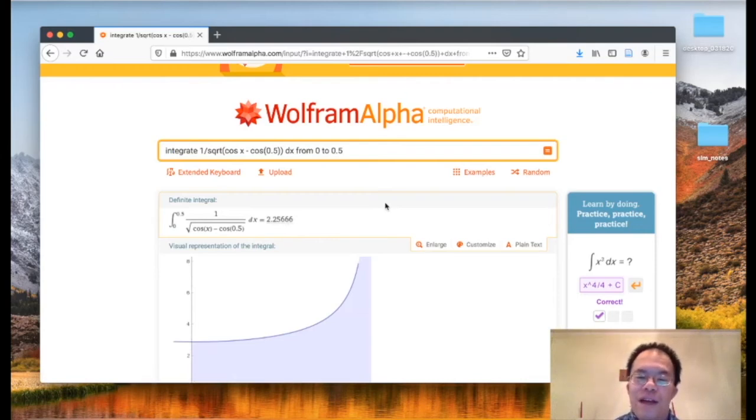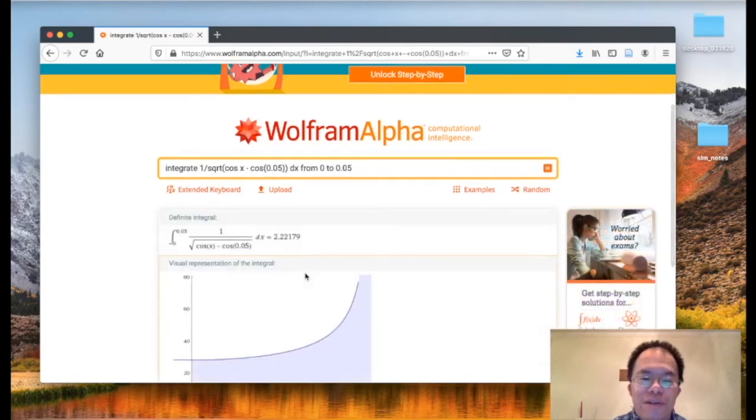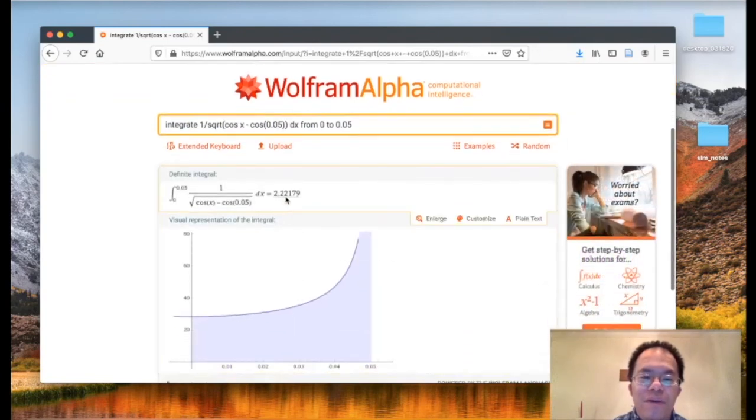One more thing to look at: I convinced you earlier that we should see that for small angles, this integral reduces to pi divided by root 2. Let's see if that's the case. So let me pick a small angle here, theta naught equals 0.05. If I now do this integral, I get 2.221 something, or round that to 2.222.